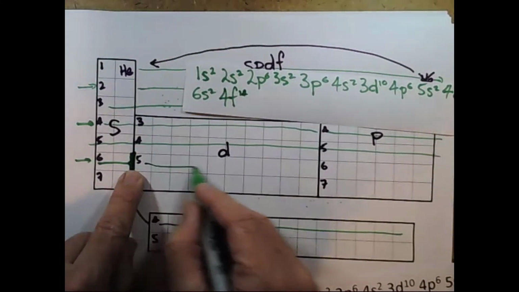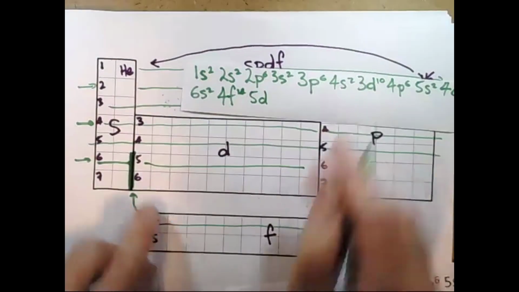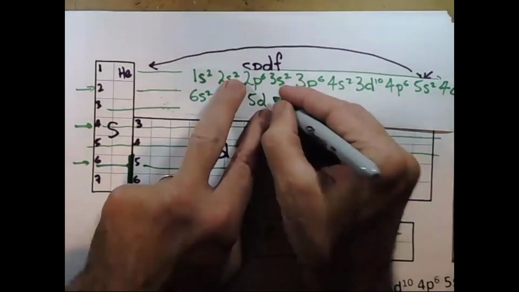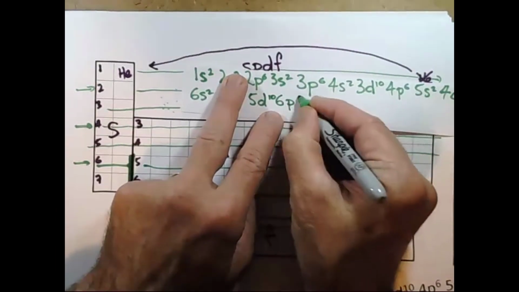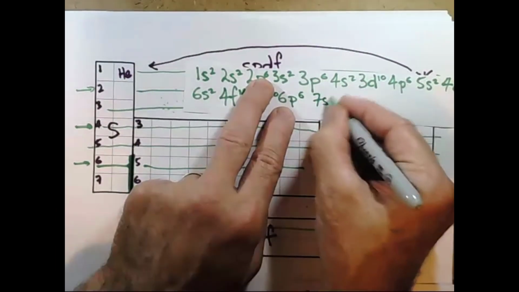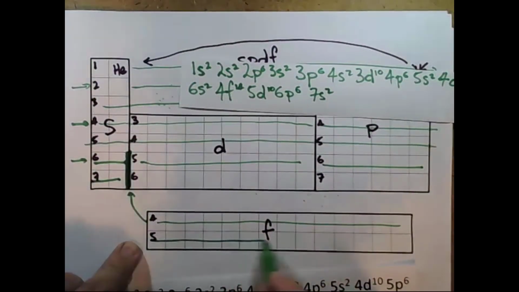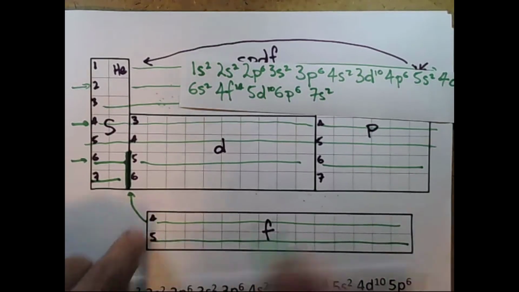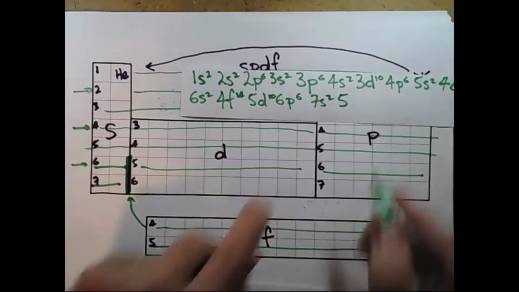Now we go across our D block, and we have 5d, what have we got? 10, 5d10, and then 6p6. You can see what's happening here. Then 7s2, and again we've got to go down through the F block there. So now we're up to 5f, because there's a number 5 there.